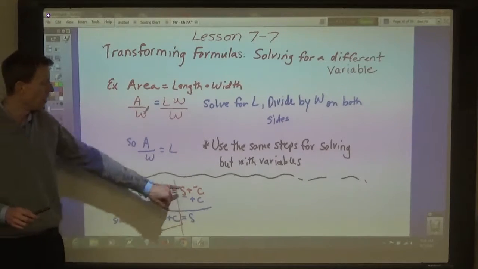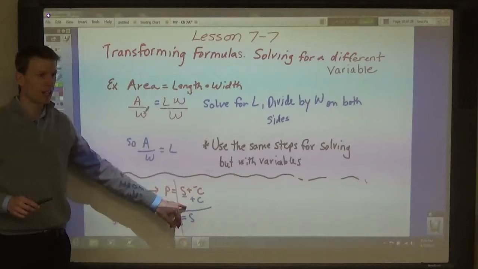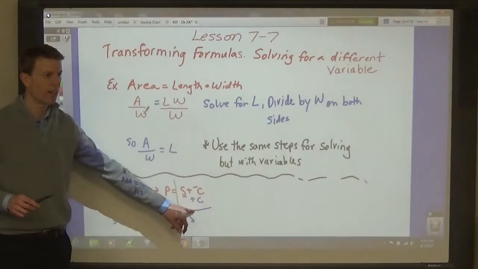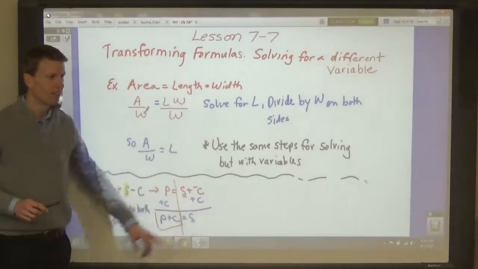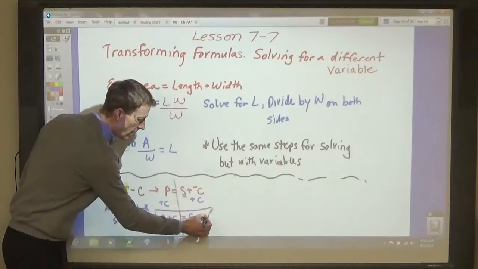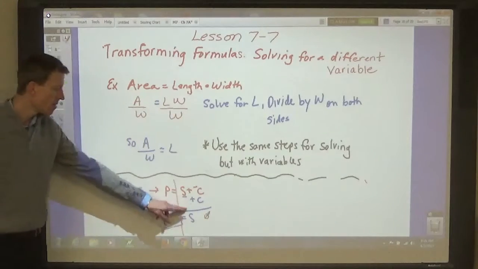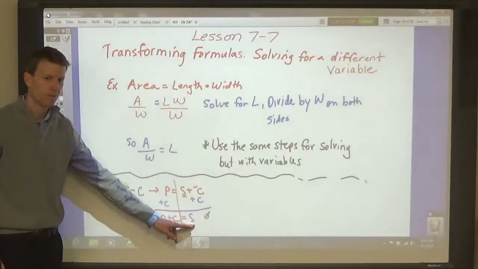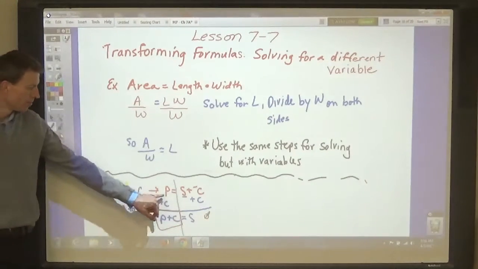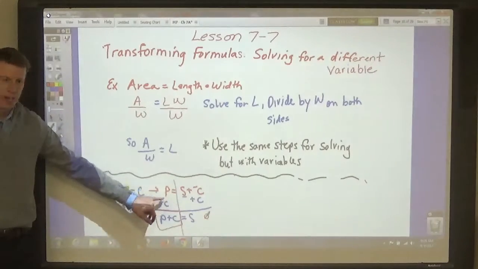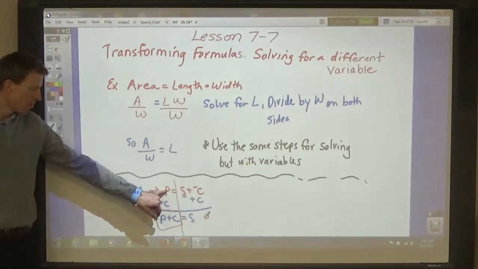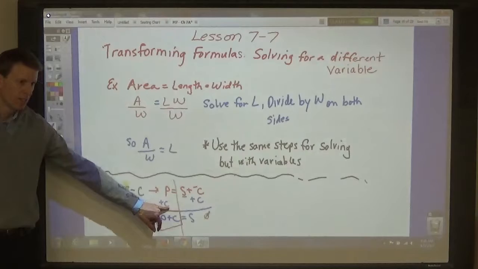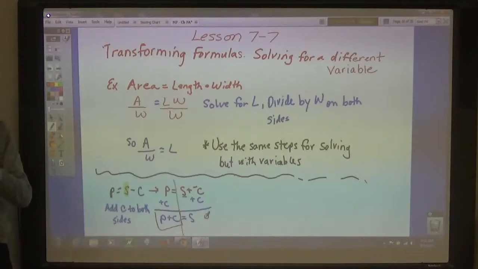Okay? So a negative C plus C equals, Ariana? 0. So we've eliminated that. And now S is all by itself. Okay? Now on this side, when we add C, P plus C, we cannot add those together though.